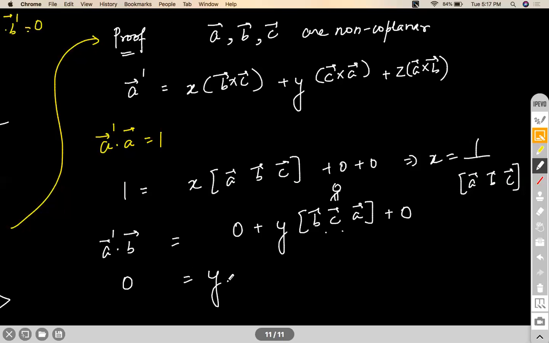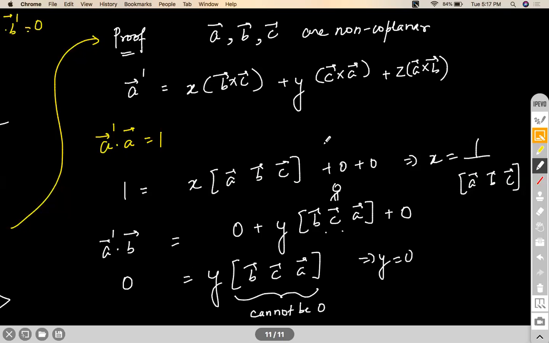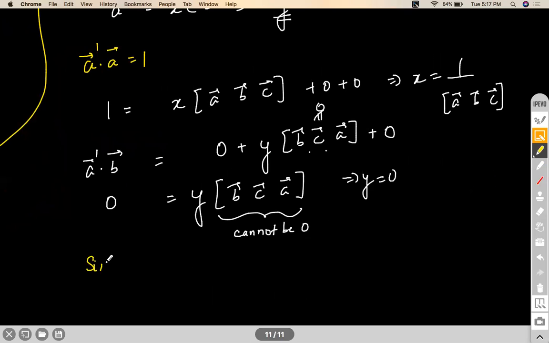That means Y is 0, right? Because A, B, C are non-coplanar, so this cannot be 0. So only Y is 0. That means this term will vanish. Similarly, without much waste of time, I can say Z will also be 0.